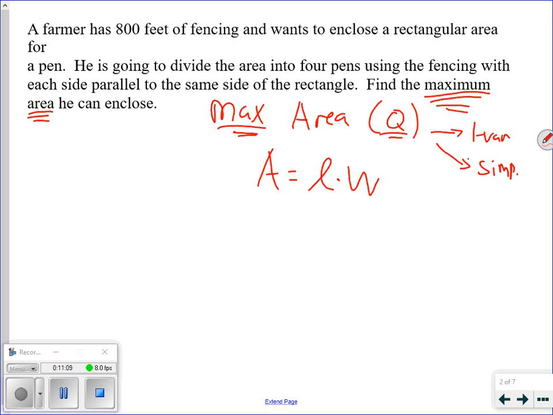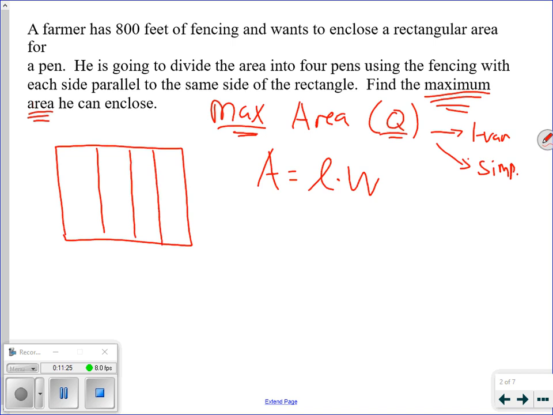Let's draw a picture to kind of see what's going on here, okay? We have 800 feet of fencing. That's one condition. We're enclosing a rectangular area for a pen. We're going to divide this into 4 pens. 1, 2, 3. That's a very ugly drawing. 4 pens using fencing with each side parallel to the same side of the rectangle.